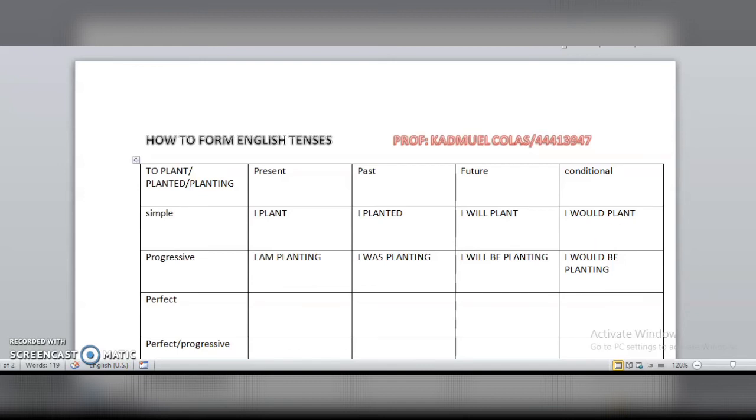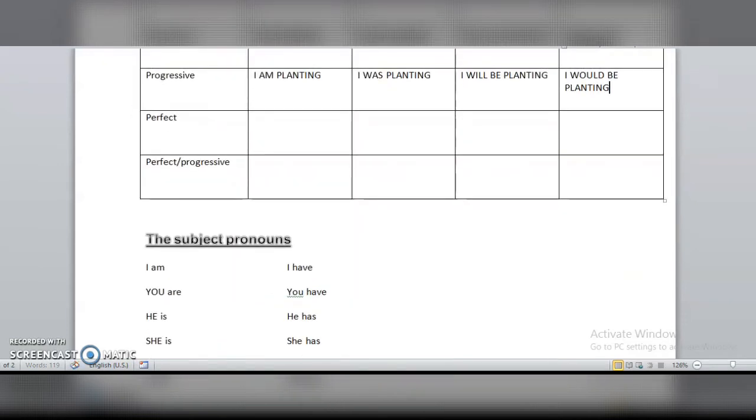Right now we get the perfect tense. For the progressive tense, we use the auxiliary be. For the perfect tense, have. But don't forget, after have, you're supposed to use the past participle of the verb. That means I have planted, past participle.